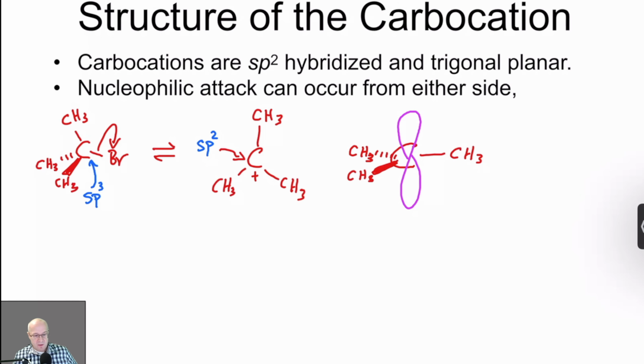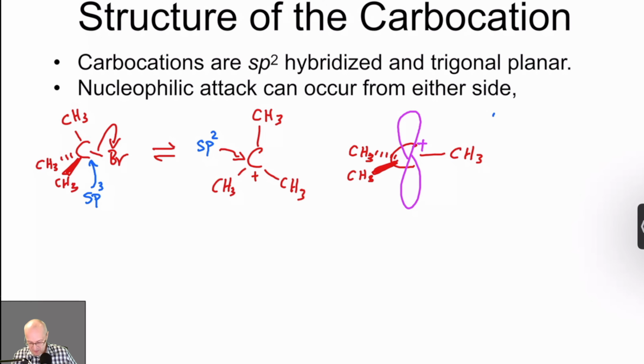Because now the nucleophile can approach from the bottom or from the top. Now in this particular example, it's kind of irrelevant whether it attacks from the top or the bottom. You'll get the same product. But you need to understand that this p orbital is where the electrons are going to go.